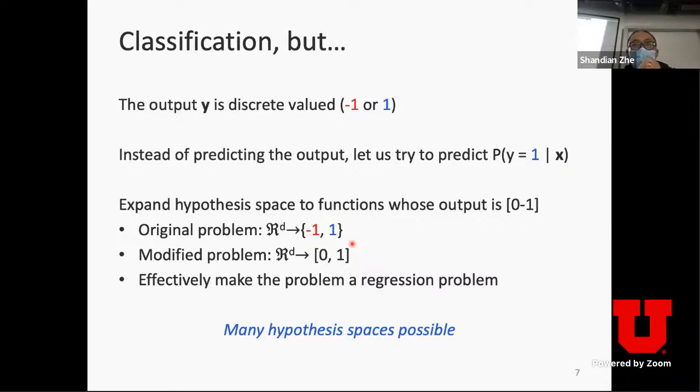Now I want to ask, if you want to design such a regressor, what kind of hypothesis would you like to choose? Any thoughts? Can we use a linear model? Can we use linear regression?